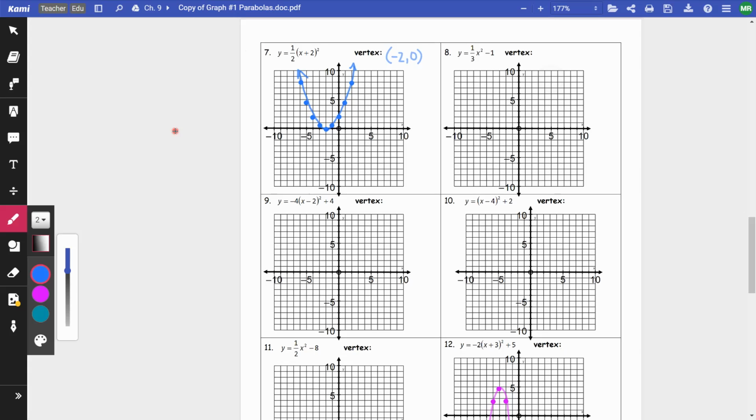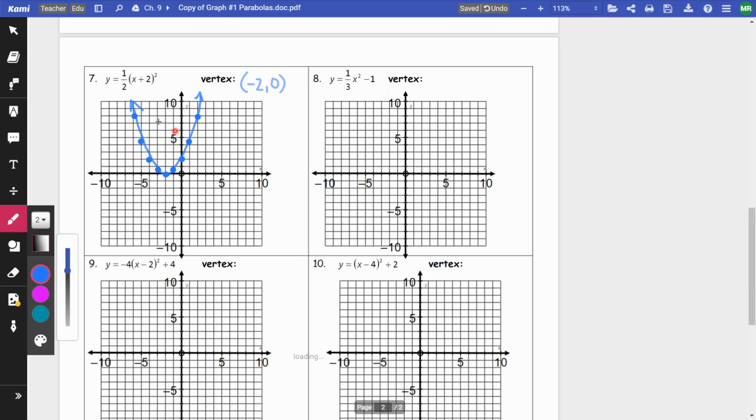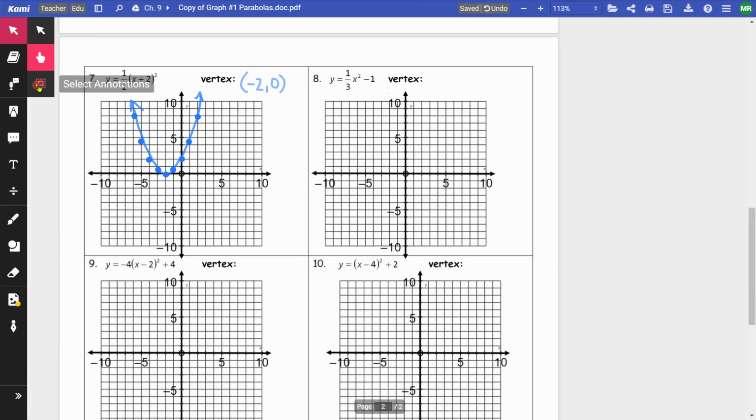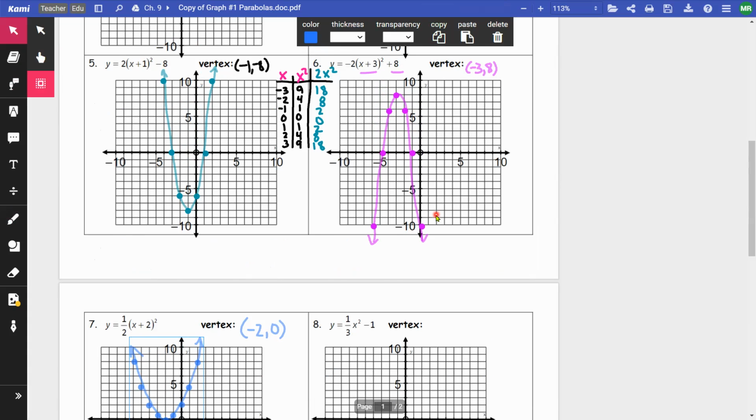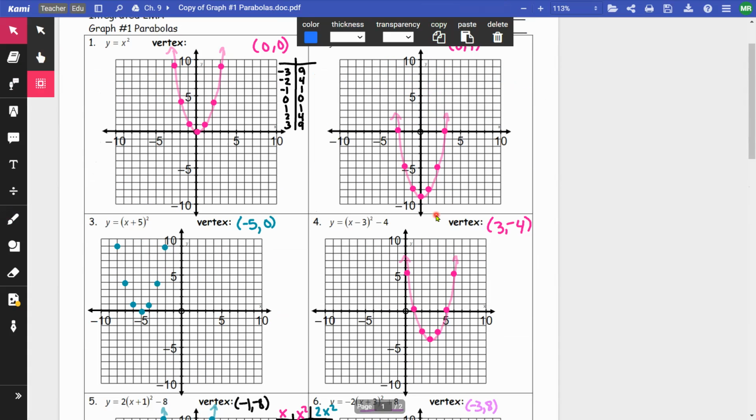Now, one like number 11, let me just copy this, and let me paste it on this page. And you'll see that every point is half as high.